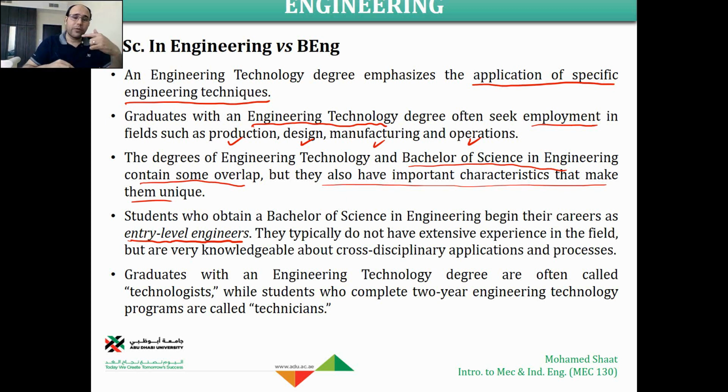Then after they acquire this position as a mechanical engineer, they're going to get more experience as they keep working on the same subject of mechanical. Because mechanical engineering, for example, the same thing for industrial engineering, the same thing for civil engineering, it has lots of sectors, lots of fields that you can work on after graduation.